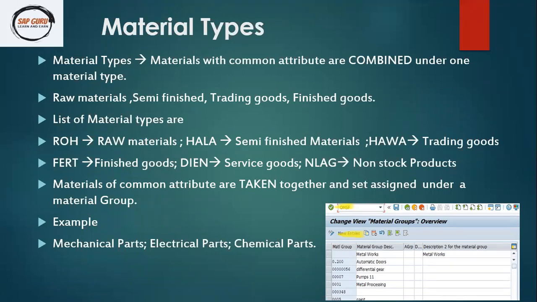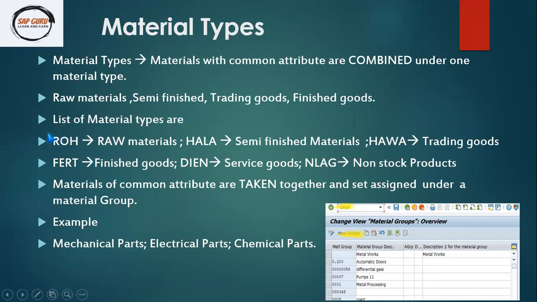We are combining all the details. Why do we have to create this material type? We go and customize a new material type if required, or else we go with the existing material types given by SAP. There are different material types: raw materials, semi-finished, trading goods, finished goods, packaging material. Many materials will be there in the business.